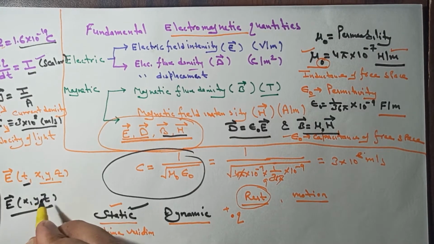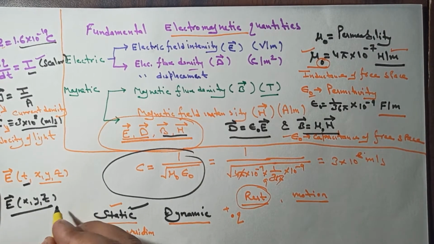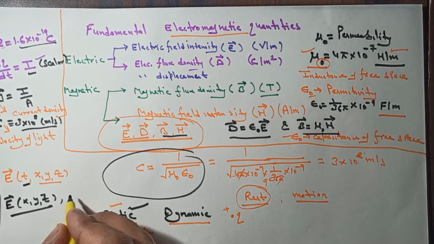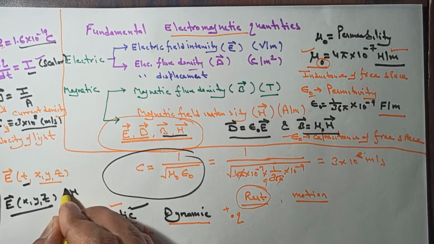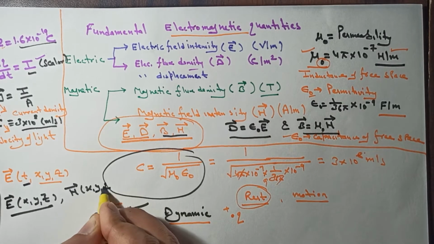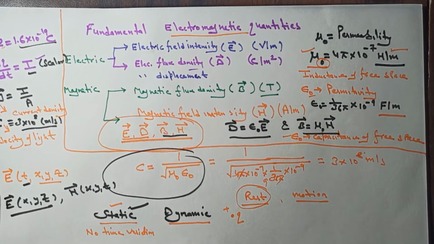Similarly for the magnetic field, I am writing only for the electric field. If there is a time variation, it would be a dynamic field, and both will behave differently.